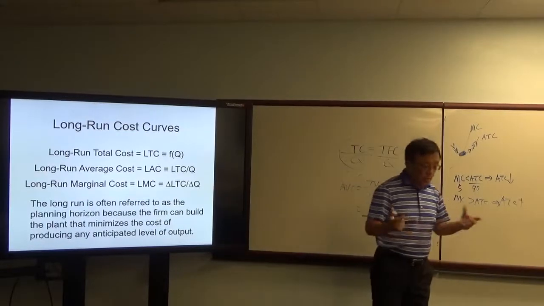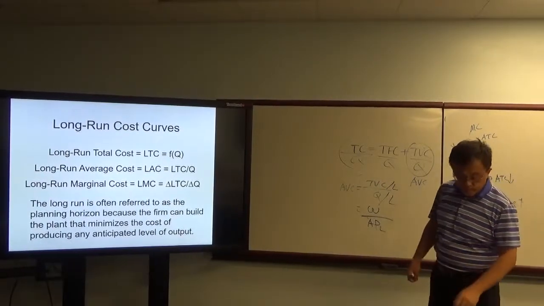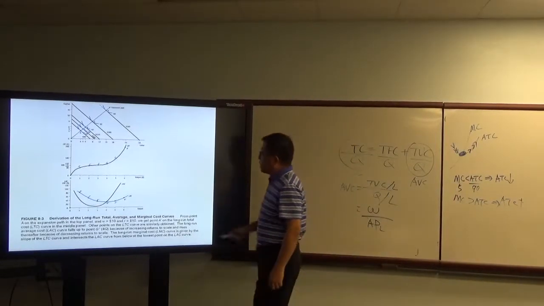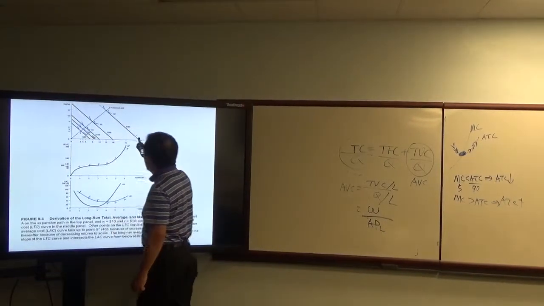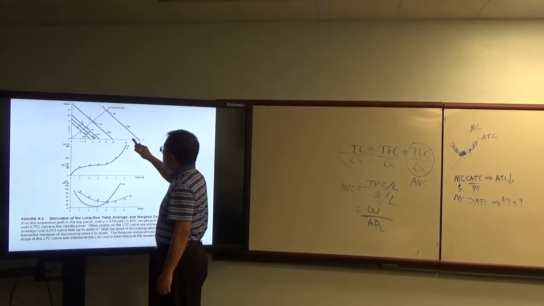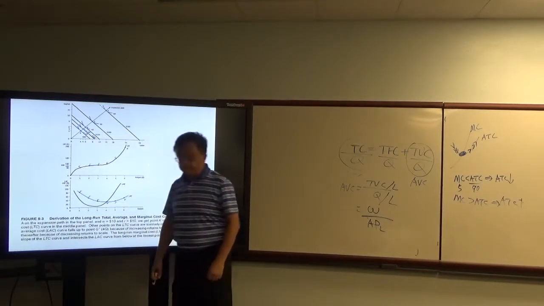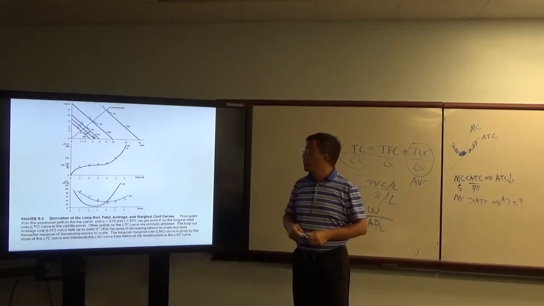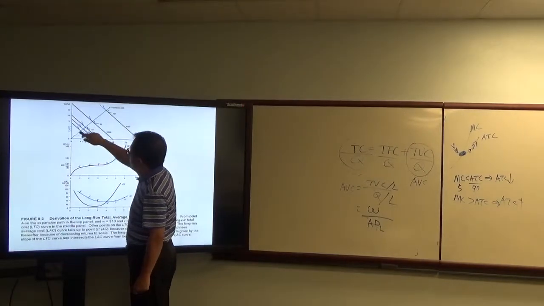The physical capital, the plant size, is fixed. But remember in ECON, we have capital and labor. In the long run, we can change both capital and labor, so you can see we can expand through this expansion path.